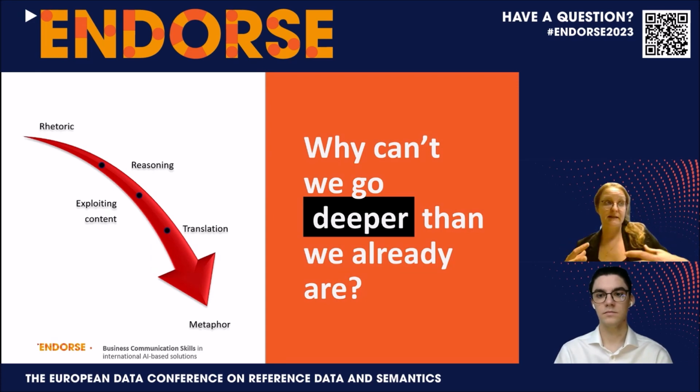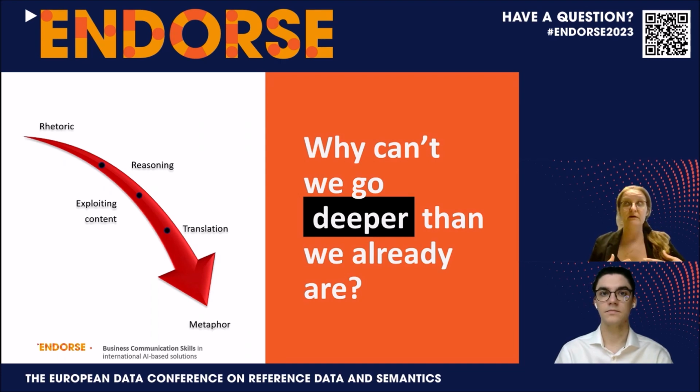As a next parallel elements that we have with concerns of our humanity, we've got rhetoric, reasoning, exploiting context, translation, and the metaphor.